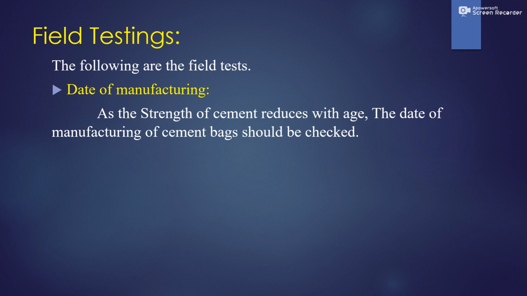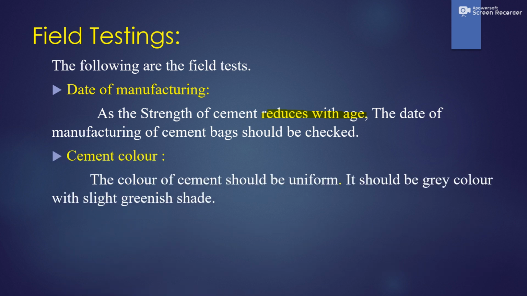After buying the cement bag, it is very important to check the date of manufacturing before using it in the construction field, because the strength of the cement reduces with age. So when age is increasing, the strength will be decreasing. So the date of manufacturing of the cement bag should be checked before use in the construction.